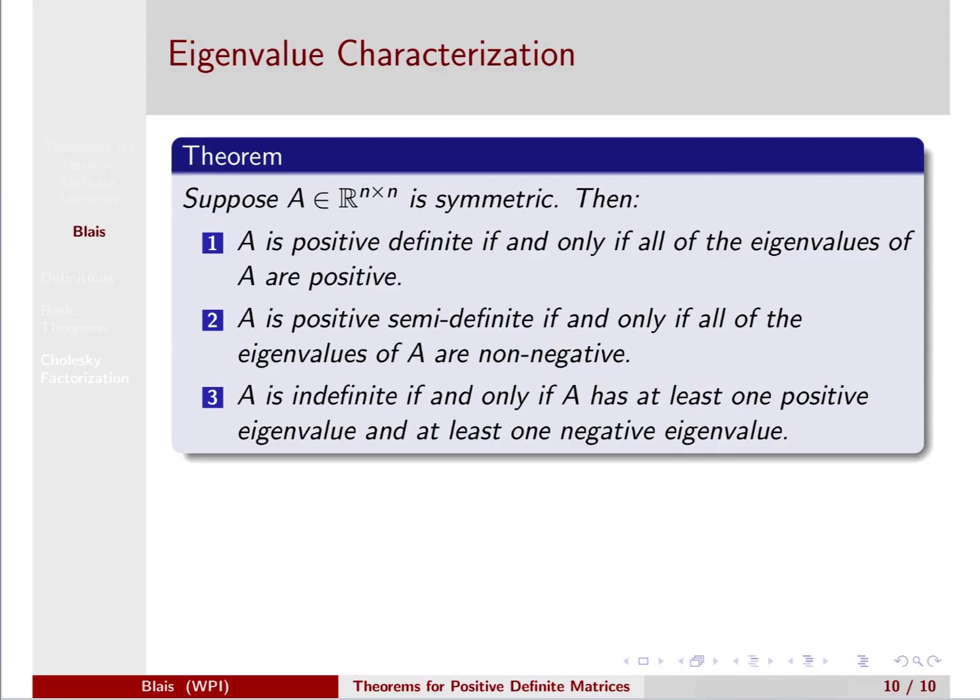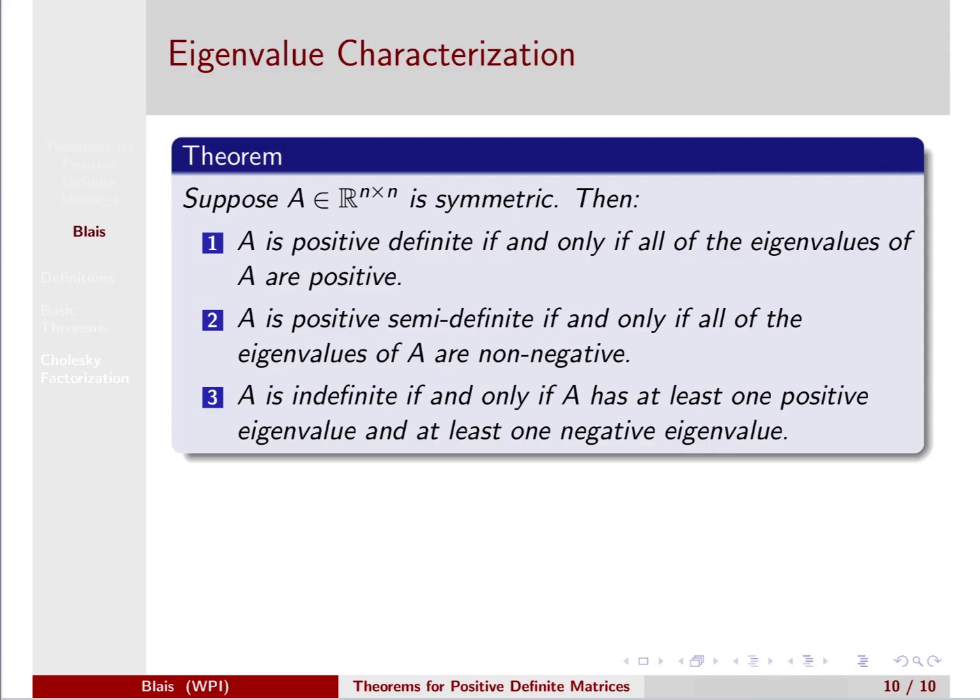When you're working in different applications with matrices, if you want to check whether or not a symmetric matrix is positive definite or positive semi-definite, get its eigenvalues. It gives you a nice, quick way to check this.